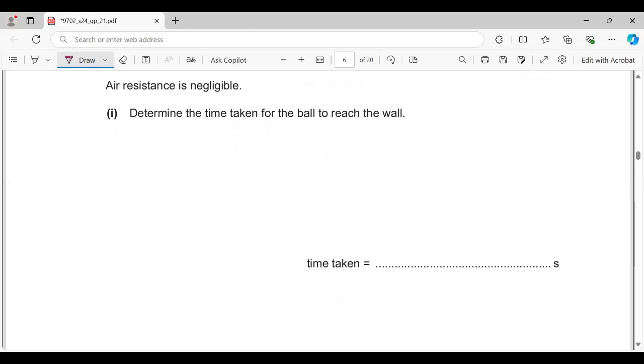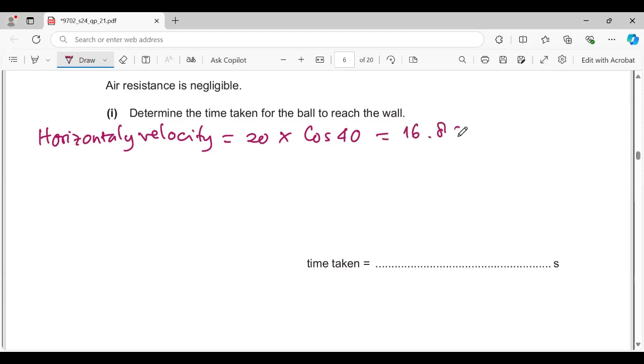So the horizontal velocity we have to calculate. Horizontal velocity equals 22 times cosine 40, because the angle is 40. If you calculate, you can find the result 16.85 meters per second.